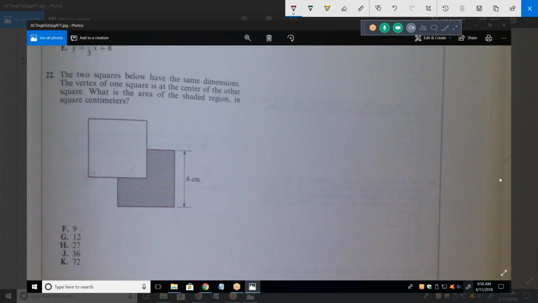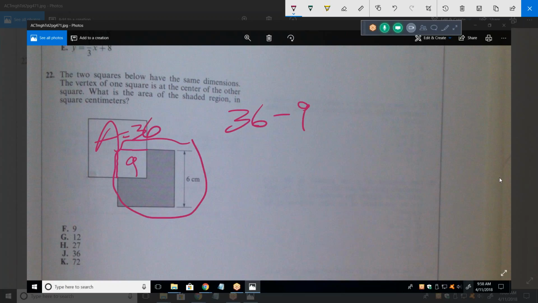You took the area of that, which was 36, and you subtracted off the area of that, which is 1/4 of 36, which is 9. So you do end up with 36 minus 9. You could look at it as a subtraction problem. You could also look at it as that whole area of that square is 36, and we're looking at 3/4 of it.